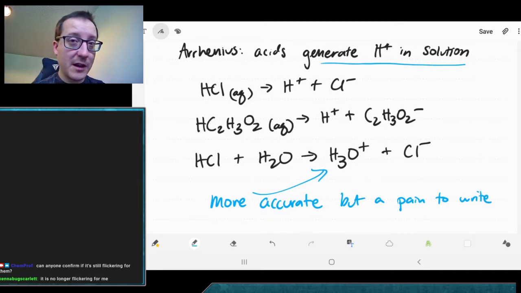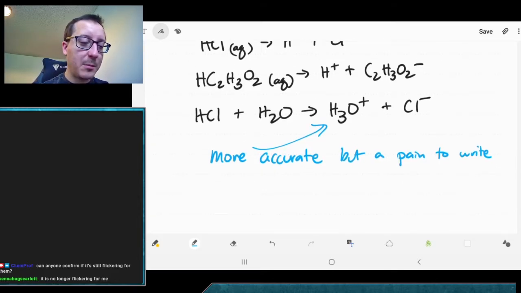That extra hydrogen nucleus is stuck onto a water molecule. That's more accurate of what's actually happening in solution. But since we are lazy chemists, we will typically write it just as that first line. We'll write H plus. It's just a little bit easier that way. So just keep in mind that in reality it's really H3O plus, but that's okay. We don't need to worry about that.